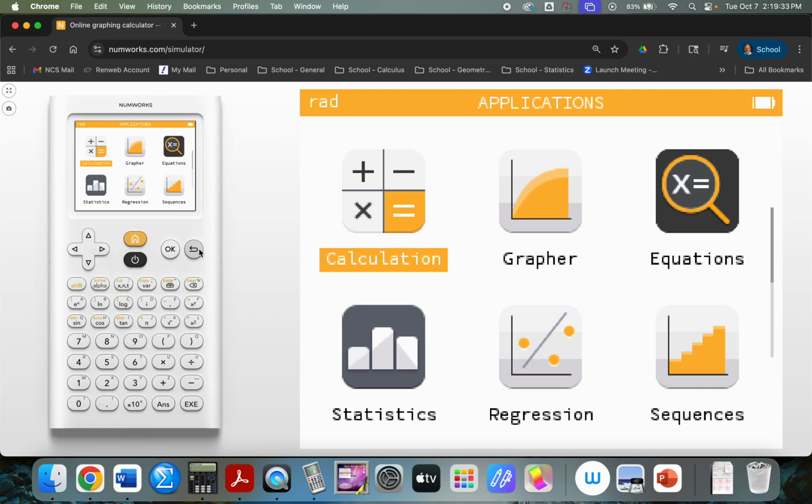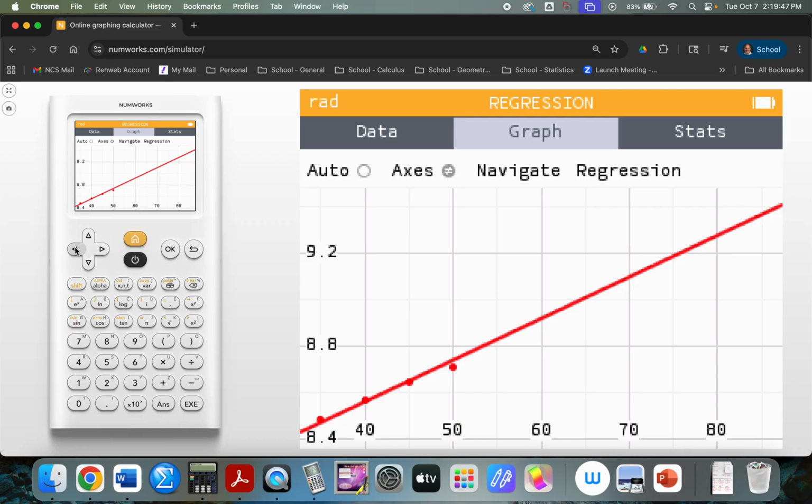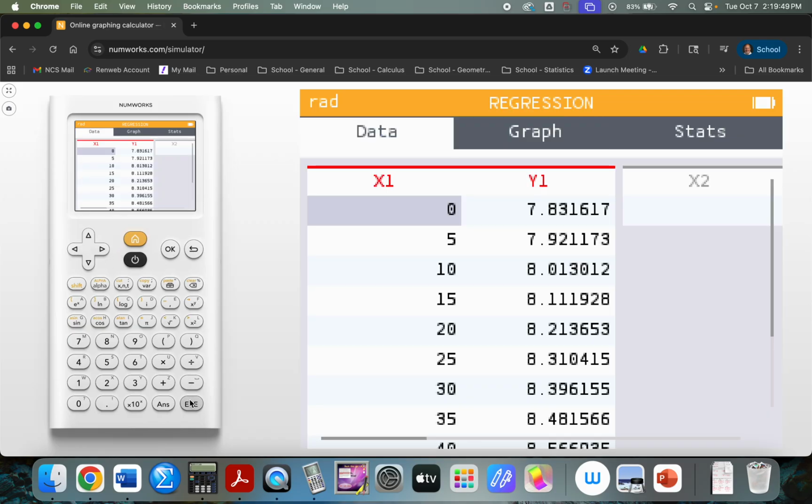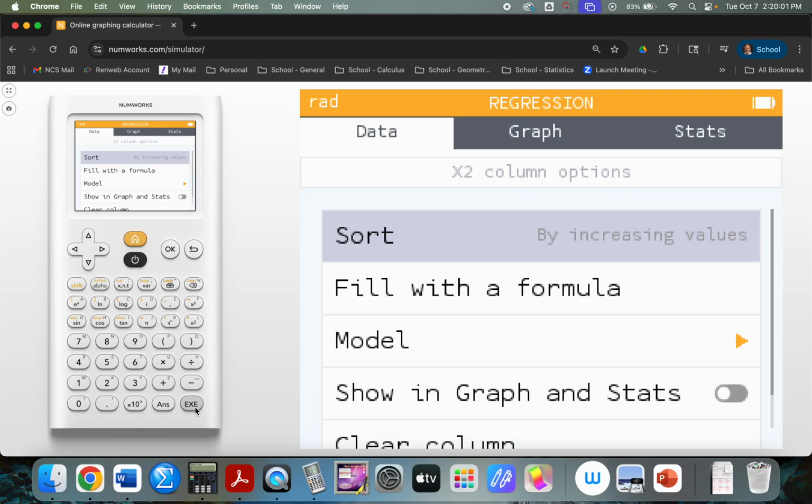Now, let's save ourselves some time. When you are putting those things in, I didn't put the data in here, I just left what I had. But let me show you something. If you don't want to have to completely redo your data, you don't have to. So what I'm going to do is go up here to X2 and hit EXE, and I want to fill that with a formula.